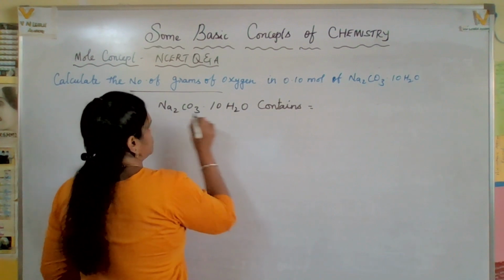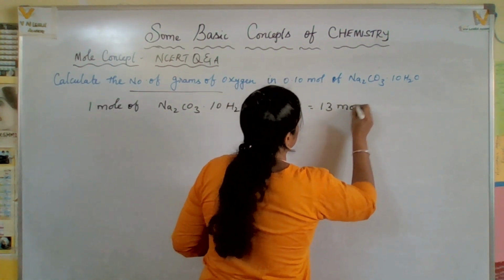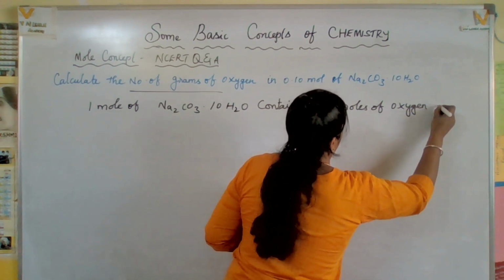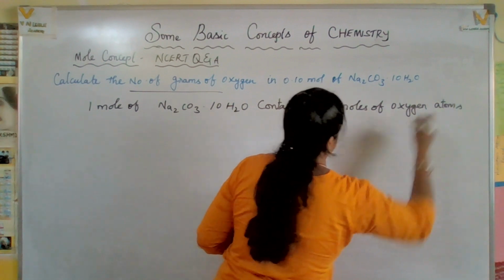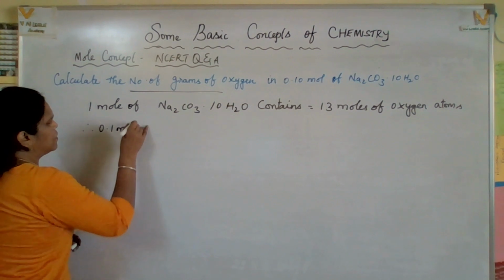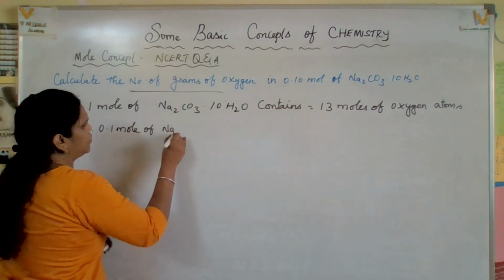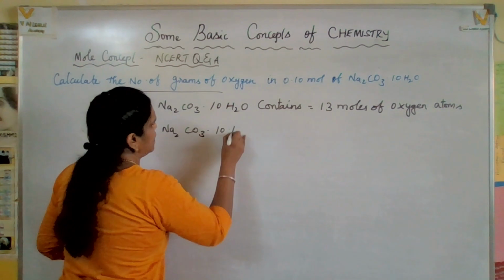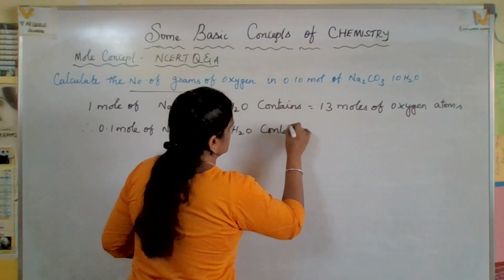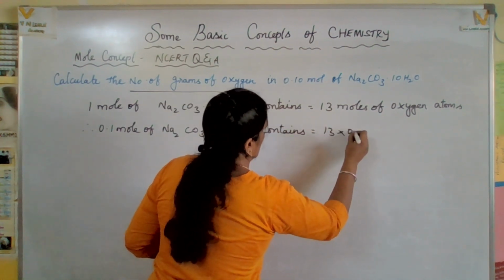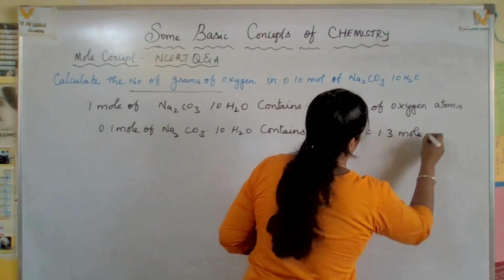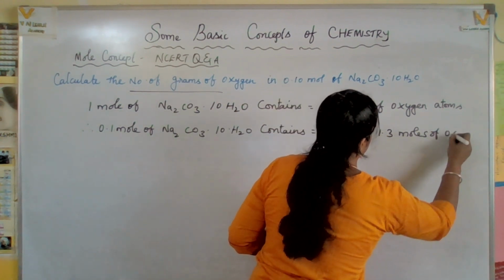Here 10 plus 3, 13 moles of oxygen atoms present. Therefore, 0.1 mole of Na2CO3 10H2O contains 13 into 0.1, so naturally you will get 1.3 moles of oxygen.